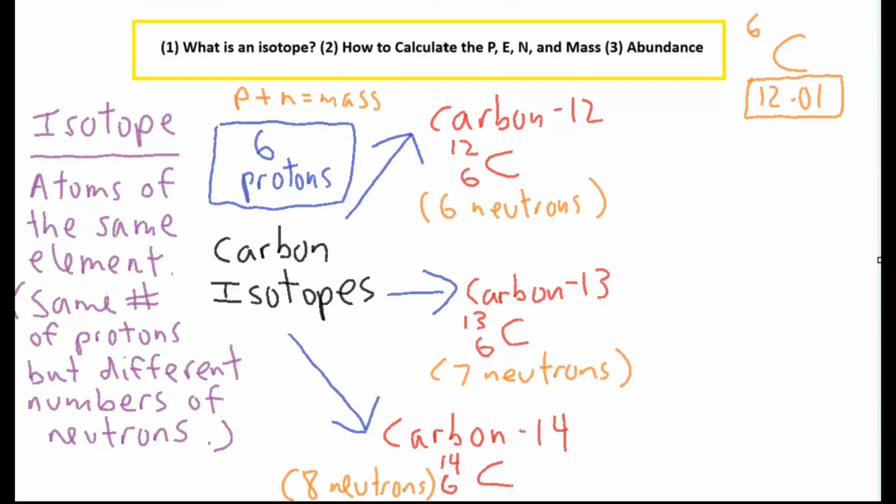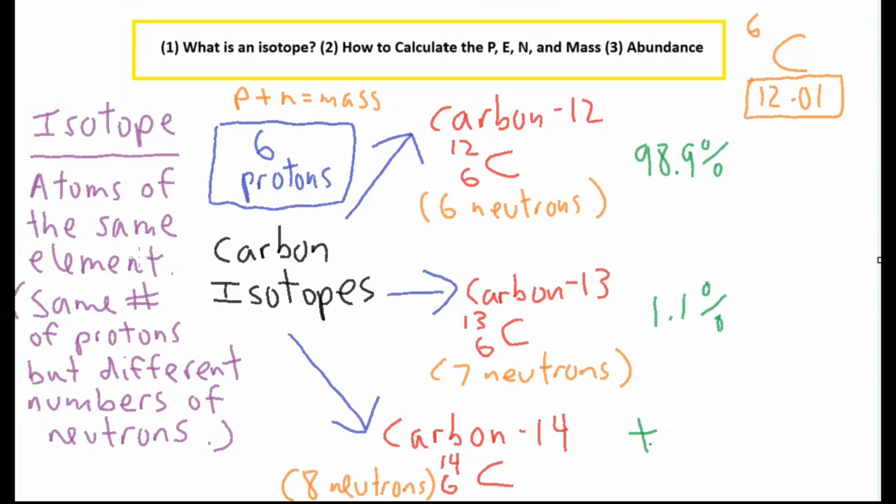If I pull the percentages, the abundance of carbon 12 is about 98.9%, which is obviously close to the full 100%. And then carbon 13 is at about 1.1%, which doesn't leave hardly anything for the last one.